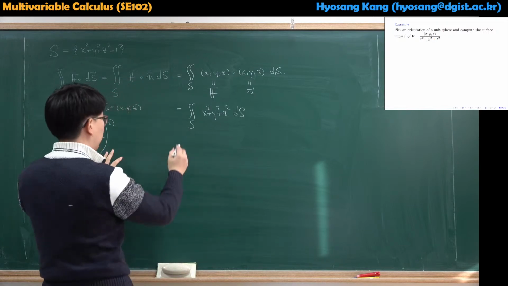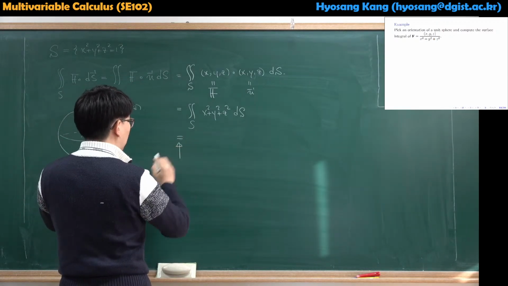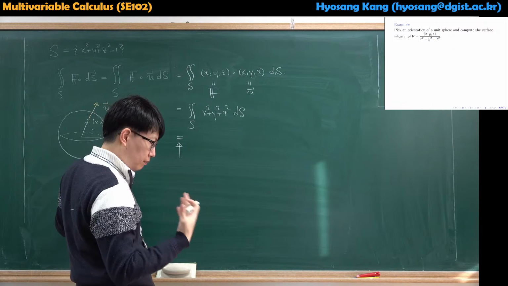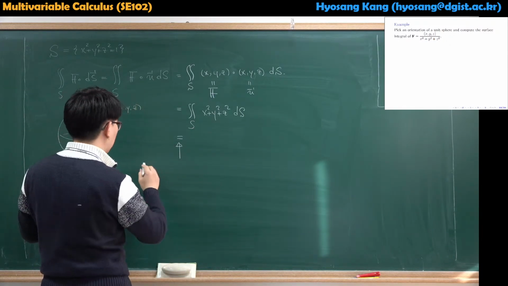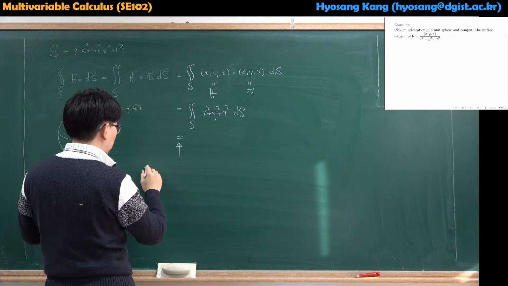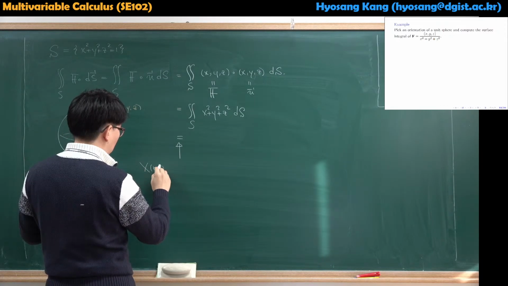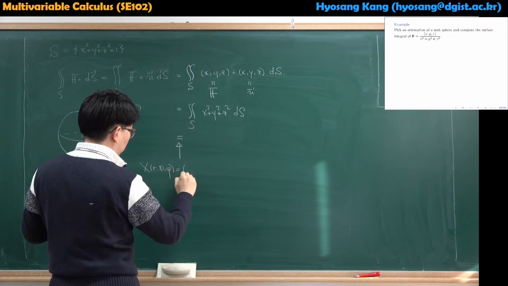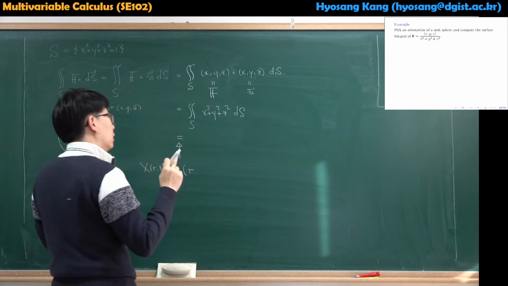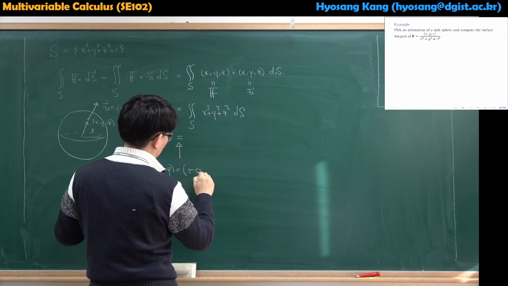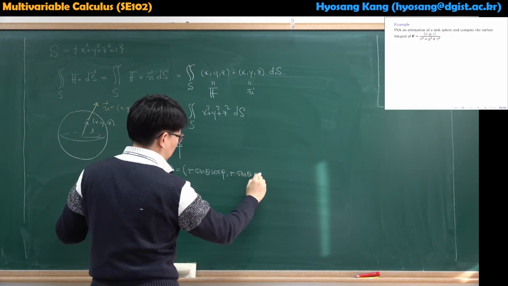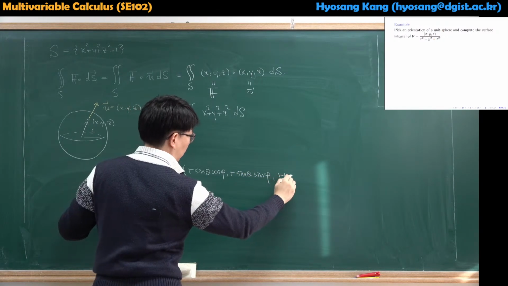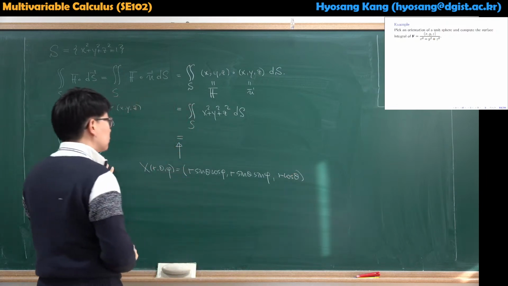So we have a nice parametrization of the sphere by spherical coordinates. So we are going to take x of r, theta, phi to be r sine theta cosine phi, r sine theta sine phi, and r cosine theta.